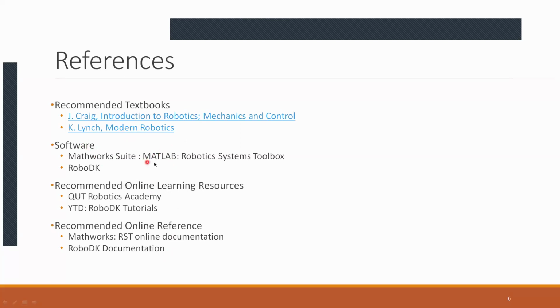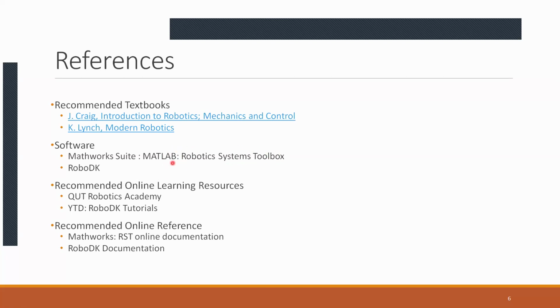And as for the software, of course, you should have MATLAB installed. And when installing MATLAB, you should have the Robotic Systems Toolbox add-on installed as well. I don't think this is available in MATLAB versions below 2020. I have 2020 and 2021. I had both installed, so you should have a MATLAB installation later than 2020 in order to use Robotic Systems Toolbox.